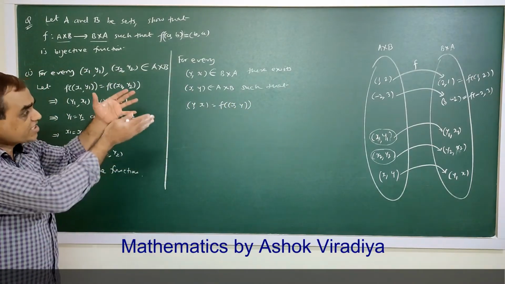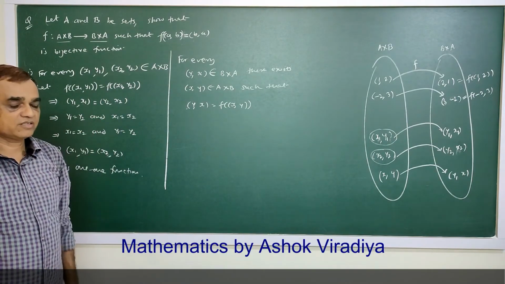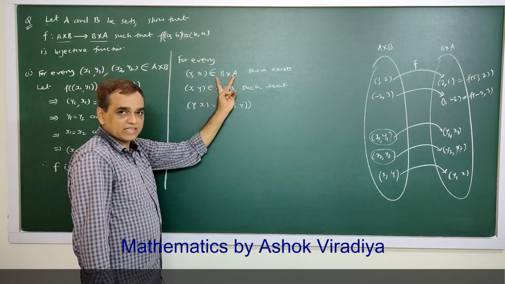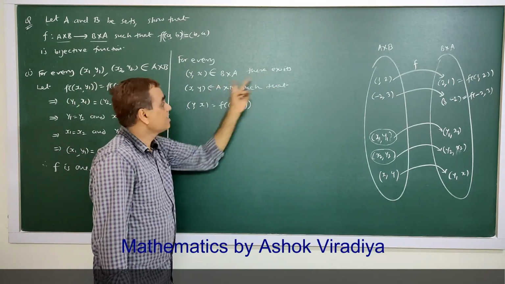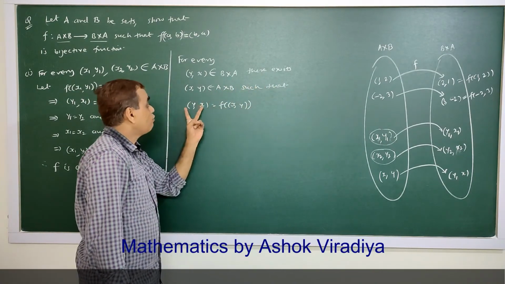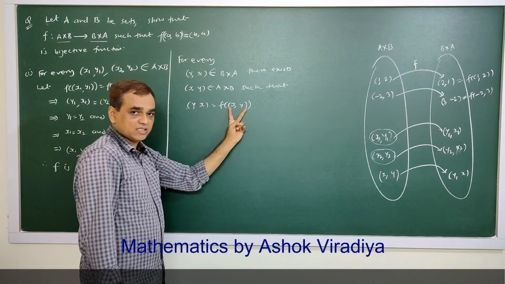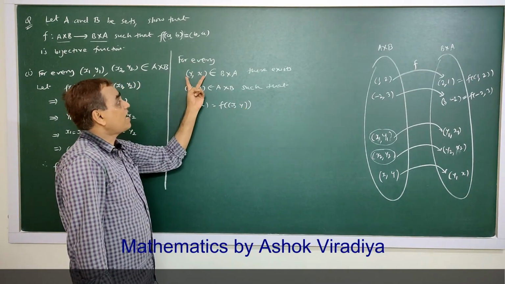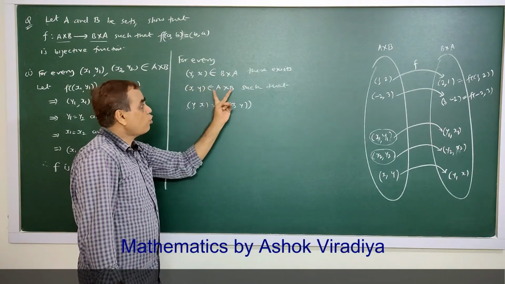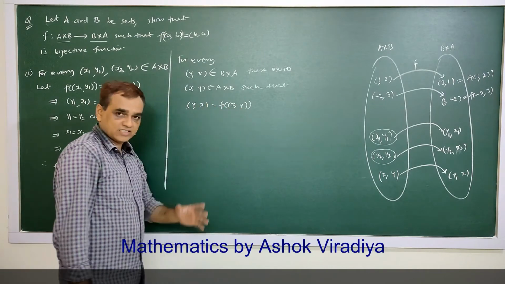You can find it matches the statement we discussed in the definition: for every y belonging to the codomain, there exists x in the domain such that y equals f of x.